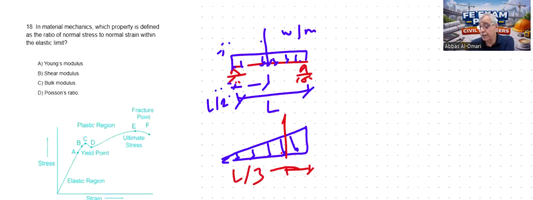Now the question is, within the elastic range, the ratio between normal stress and strain. We know the relationship is sigma equals E epsilon.